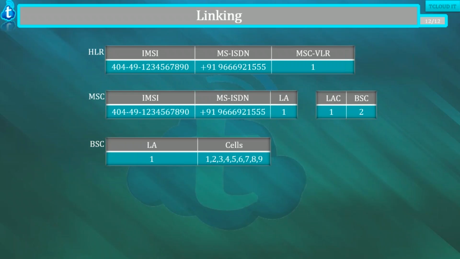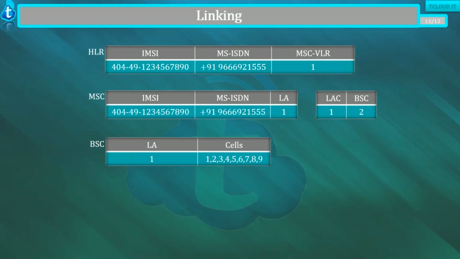So it is like a granular order. In the hierarchy, the highest component is the HLR, noting down the MSC details. The MSC notes down the location area and which BSC serves it. The BSC notes down how many cells the location area comprises, and if the mobile gets an incoming call, the BSC decides to send the incoming call details in all these cells.